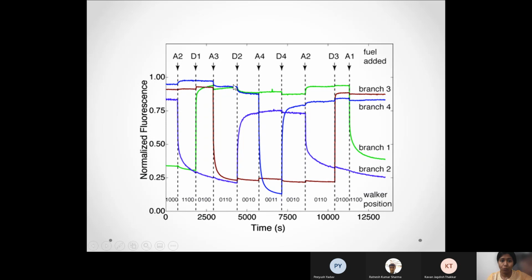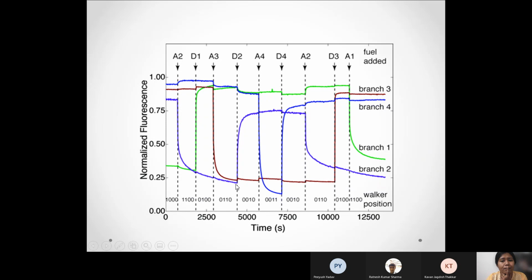If you add D2, now the second leg should be released. If the second leg is released, what do you see? You see that after addition of the second leg, A2 fluorescence that was high is, if you add D2, one second, let me trace the branch.